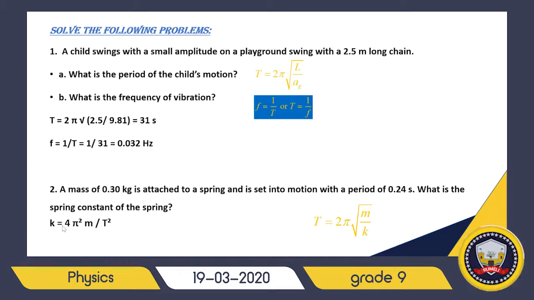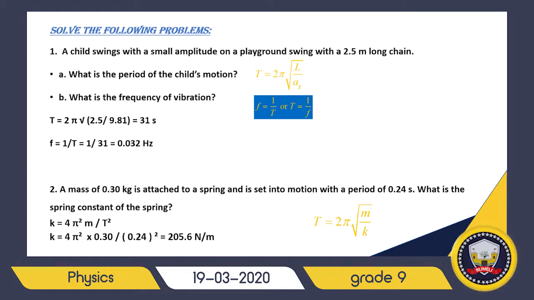Again, k equals 4 pi squared m over T squared, by squaring the two sides to get rid of the square root, and then cross multiplication to get k alone on one side. Then by direct substitution, k equals 4 pi squared multiplied by 0.3, the mass, divided by 0.24 squared, the period. It equals 205.6 newtons per meter, the measuring unit of k.